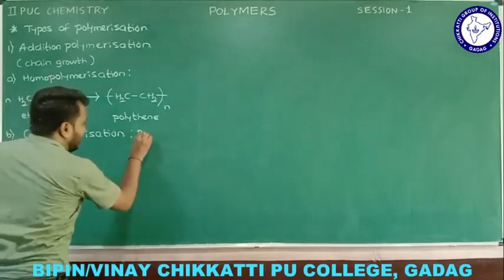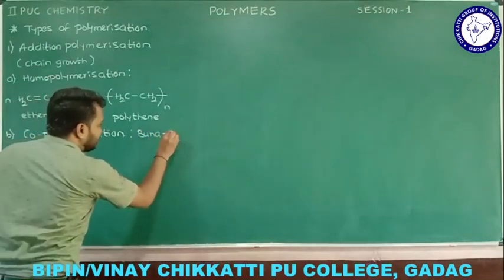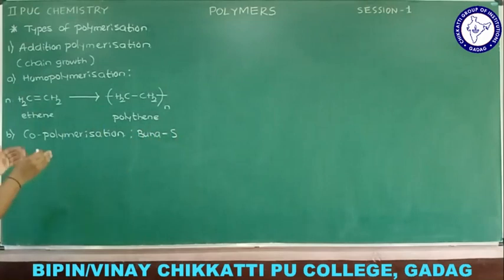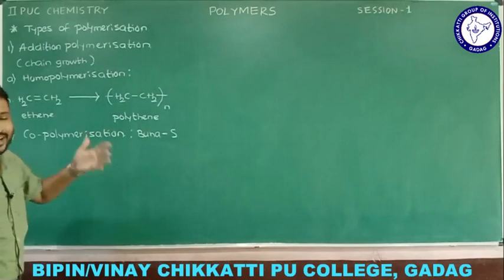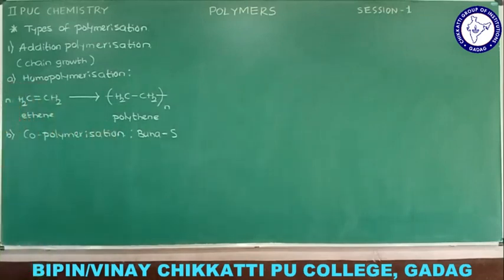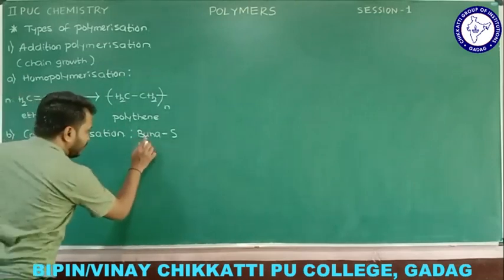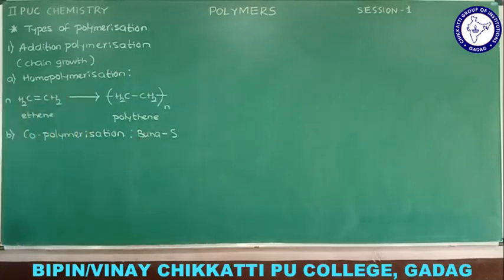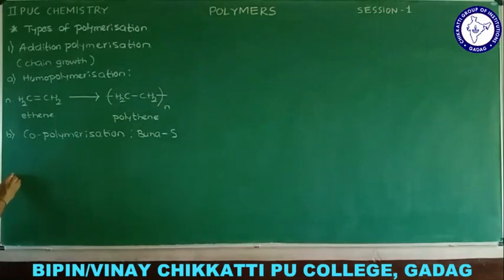Let me consider Buna-S, Buna hyphen and capital S you need to write. So first we will see how the Buna-S is going to be formed and what are the monomers here. Since Buna-S belongs to a category we call copolymers, you should know that here we don't have a single kind of monomer. We have two different kinds of monomer.